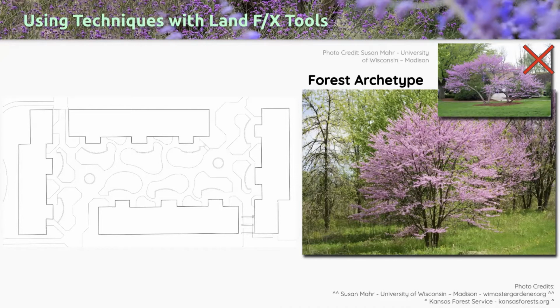The buildings are tall, and it's a very enclosed area, almost like a courtyard. So based on all of those factors, I decided to go with a forest archetype because the buildings would create that shade, and the upper canopy of the forest would continue that shade across, and it would almost be like entering an enclosed forest, I felt.